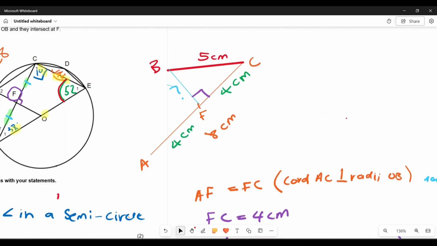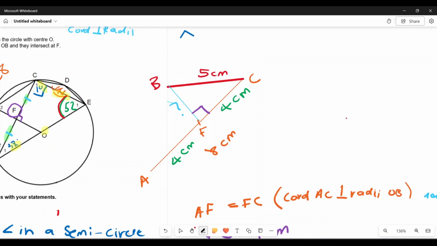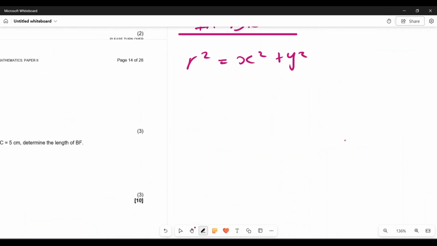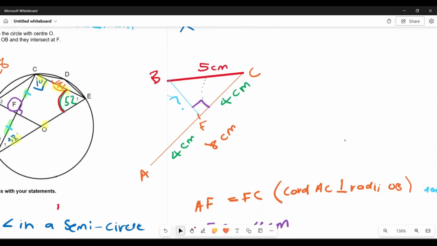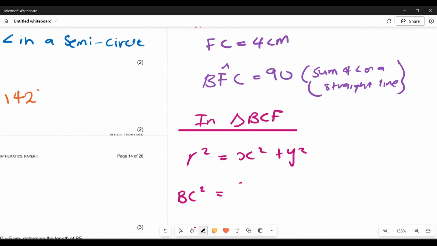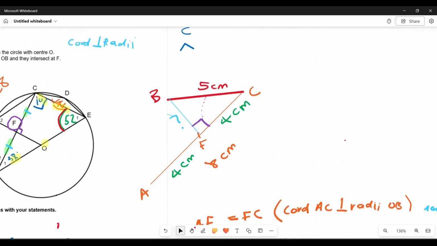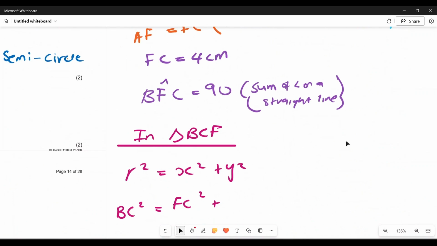Remember your hypotenuse, which is your r, is the line opposite your angle of 90 degrees. So in this case, it's BC squared. Our x squared is going to be FC squared, plus y squared, which is the line that we're looking for, BF.